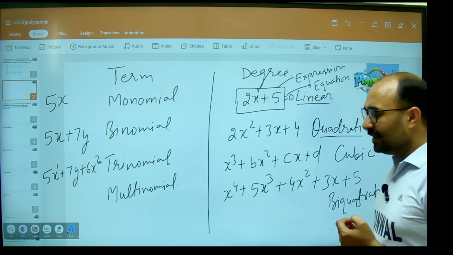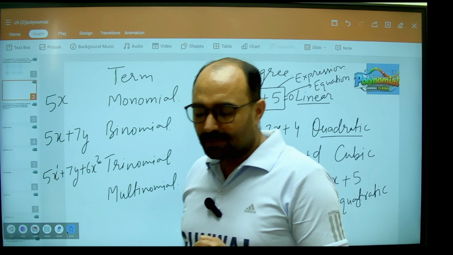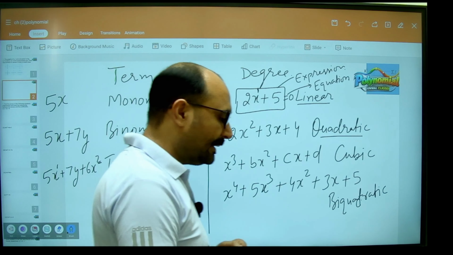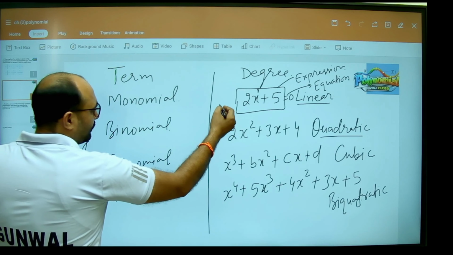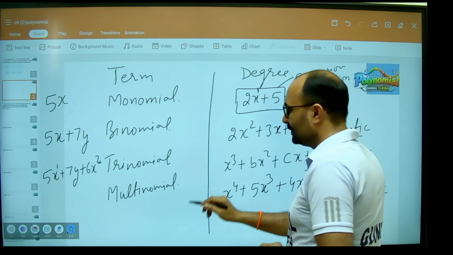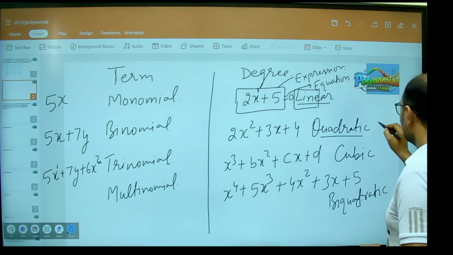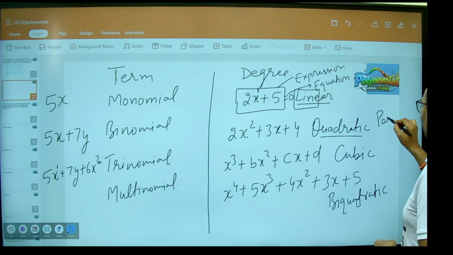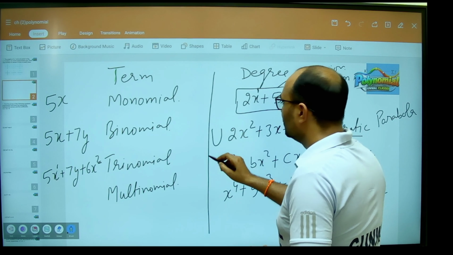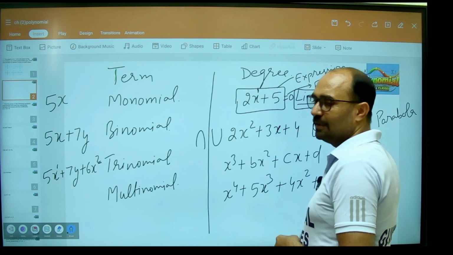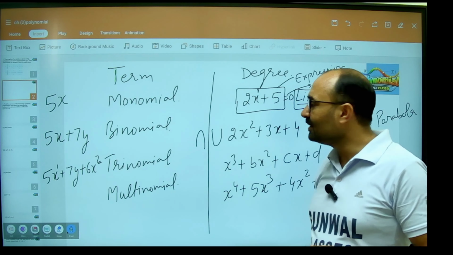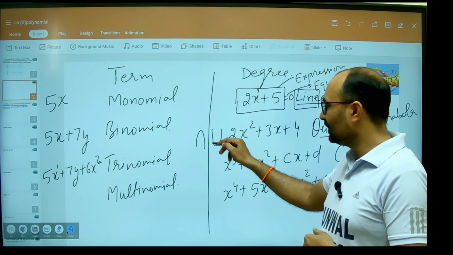What do you mean by degree? What is the difference between power and degree? Please write in the comments. The graph of a linear expression is a line. Here the graph is a parabola. It's a U-shaped figure, maybe like this. If the x variable is here and you consider the horizontal axis as the x axis, then the shape will be like this.